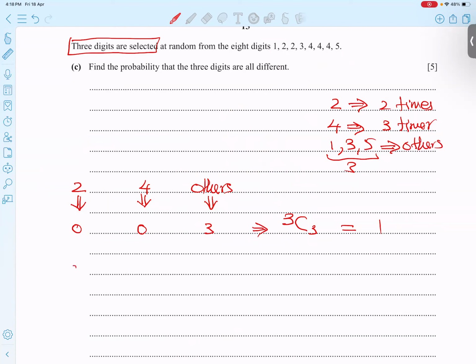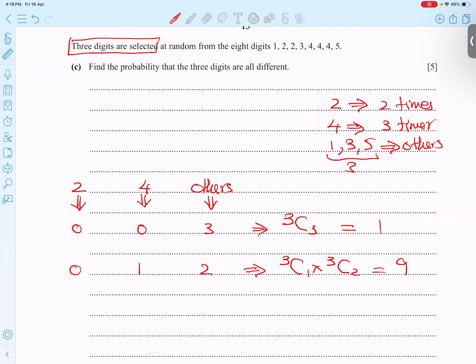Second situation, if I take here one, then I must take two because two plus one give us three. And I'm taking from the four. There are three fours available. One to take it. So 3C1 into, and from these three numbers, I need a two. So 3C2. This is a three, and there's a three, and three threes are nine.